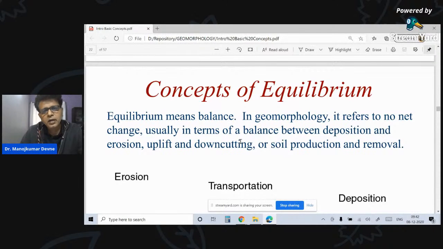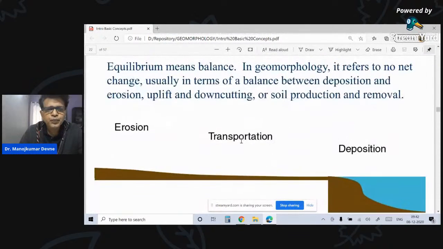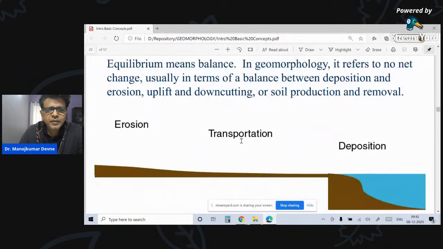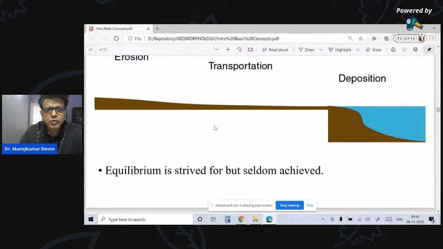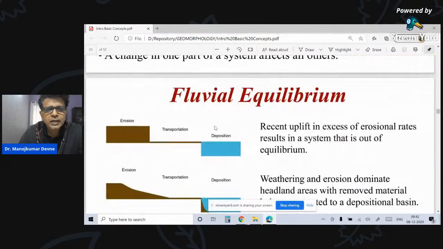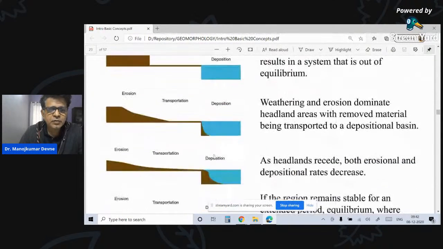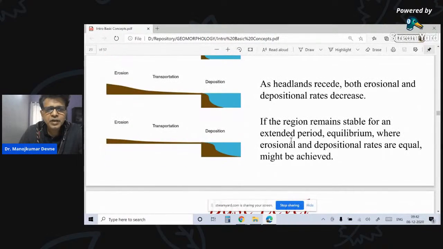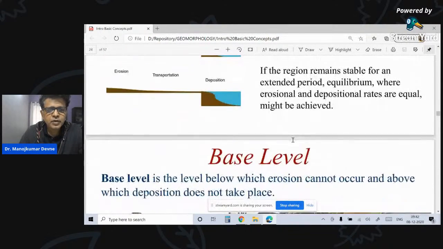The same thing applies to the concepts of equilibrium, wherein from erosion to deposition, the medial stage is transportation, and this is the fluvial equilibrium, that this block of erosion will eventually fill up the block of deposition, and there would tend to be a balancing out in the whole scenario.